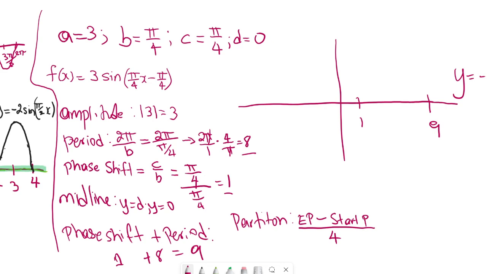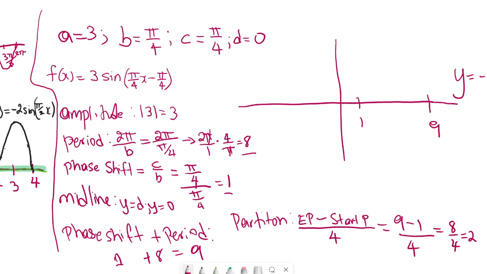So my ending point is 9, minus my starting point. Ideally what we're trying to do is to partition this graph into 4 equal parts. So we're going to take the length of the graph and divide it by 4. And so this becomes 8 divided by 4. So my partitions are 2.